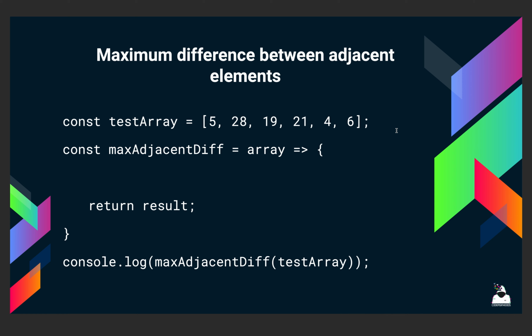No, because 23 is your maximum difference. It'll be 5 and 28, then 28 and 19, and then 19 and 21. Okay, thank you. So you can use a variable to store the difference you've gotten so far, and keep going.